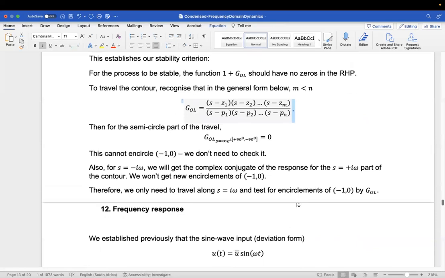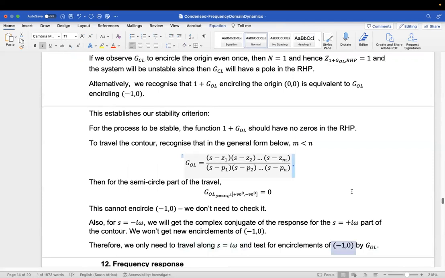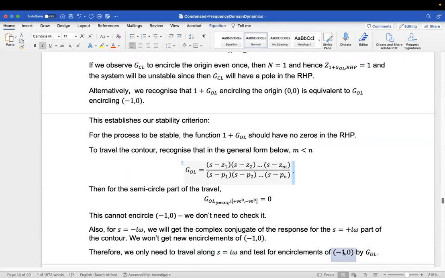So that nicely summarizes everything for us. It says all we need to do is check along S equals I omega. And if G open loop ever encircles -1, 0 while we're doing that, then it means we violated our stability criterion and the process is not stable. So that establishes a nice criterion for us. And it's nice and simple. All we need to do is travel along S equals I omega, and then we observe G open loop while we're doing that.